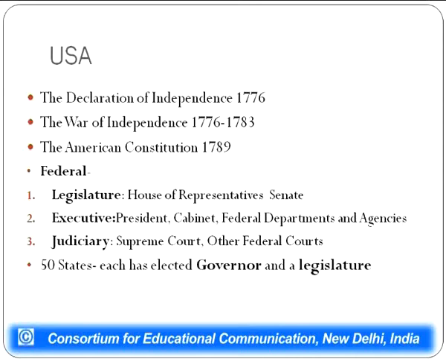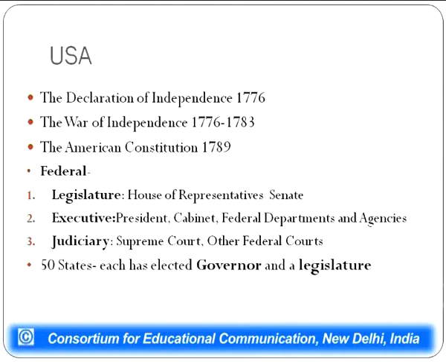Having adopted a Constitution, the clear-cut structure which emerged of the USA was that it was a federal country having a legislature called the Congress, with two houses: the House of Representatives and the Senate. The second body, the executive, comprises the President, Cabinet, and the federal departments and agencies related to various areas and issues.